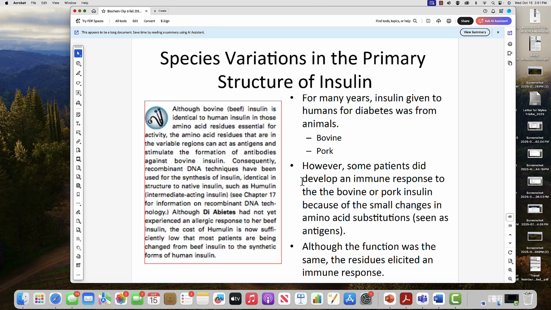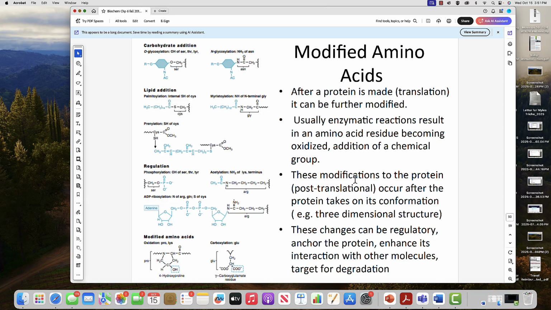And then they were able to use recombinant techniques to create recombinant human insulin. And so this, again, is an important advancement in the industry, because this also allowed them to mass produce insulin at a higher rate than they were before.